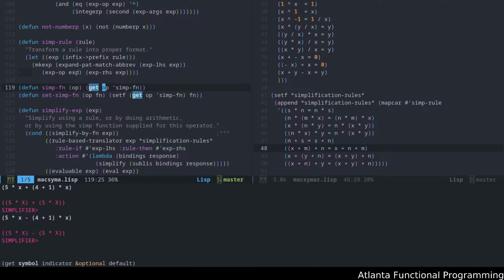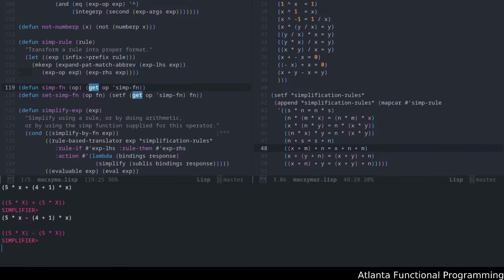So we're actually doing a setf on the function. Oh, okay. So we assign some meta. You could think of this as a tag for the folks who are coming from the Clojure world that essentially is assigned a function pointer on top of the operator that we're looking up.